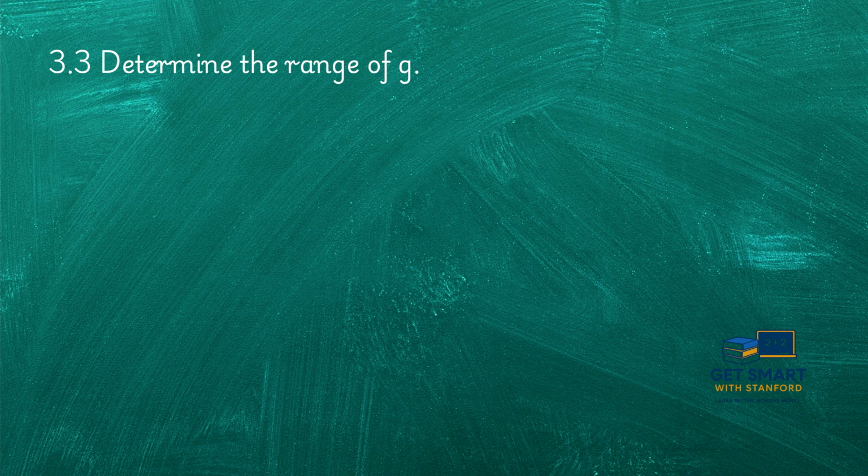3.3 wants the range of g to be determined. The smallest value of g of x is 0, and that is when x is equal to 0. And it increases without bound. With every positive value that you plug in, it will continue increasing.